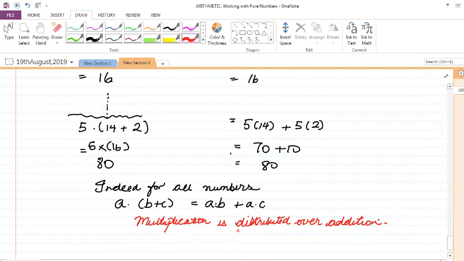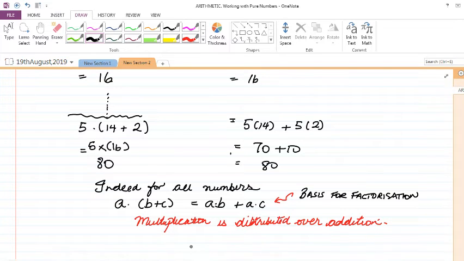Okay? This step here actually justifies what you call factorization, where I can take something like AB plus AC and factor out A out of both of them, and so that's A into B plus C. This here is the basis for simple factorization, which I will use later.